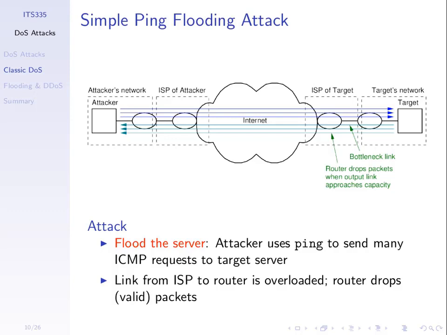That can be inconvenient for the attacker. So the idea: flood the server. The attacker uses ping to send many ICMP requests to the target server. It overloads the link to the router of the target network, and that starts to drop the valid packets, the packets of the normal users trying to access that website.